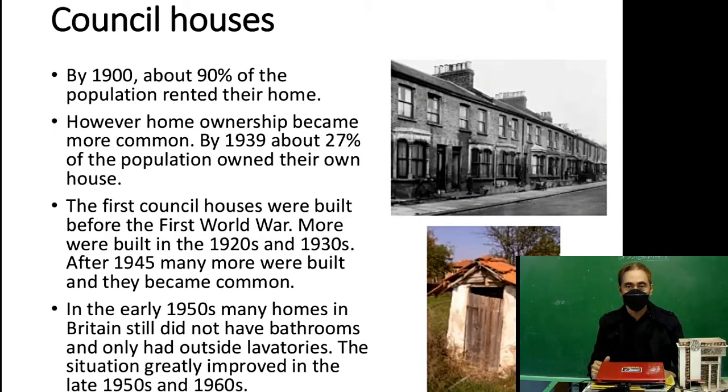Council houses. By 1900, about 90% of the population rented their home. However, home ownership became more common. By 1939, about 27% of the population owned their own house. The first council houses were built before the First World War.